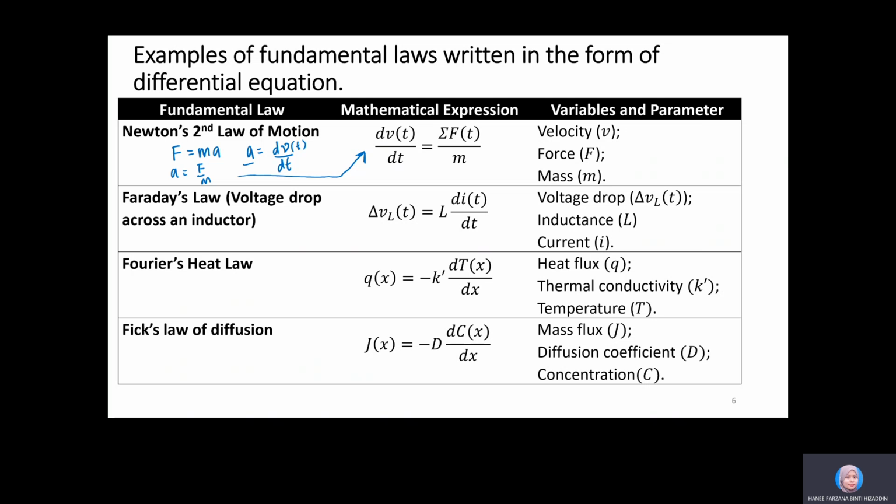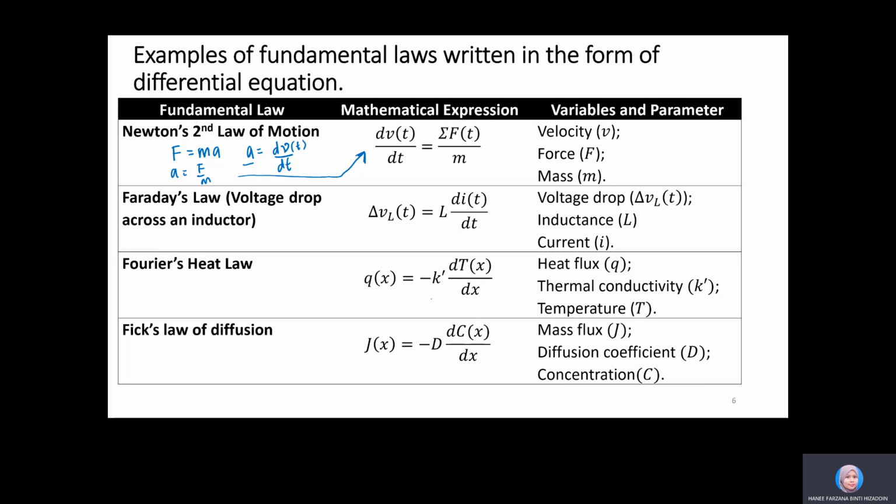Okay, so the other example includes Faraday's law. This is the voltage drop across an inductor. I'm not too familiar with electrical terms, so we'll proceed with Fourier's law for heat transfer. Fourier's heat law, this one you will learn in heat transfer in second year. So q here is the heat flux going through something, a slab of solid, for example.